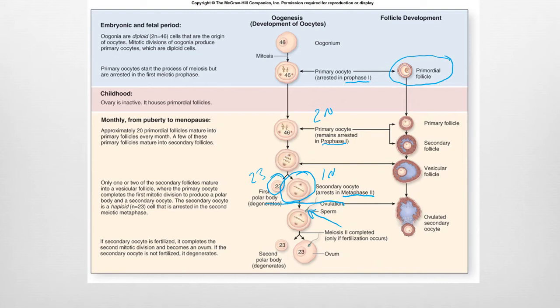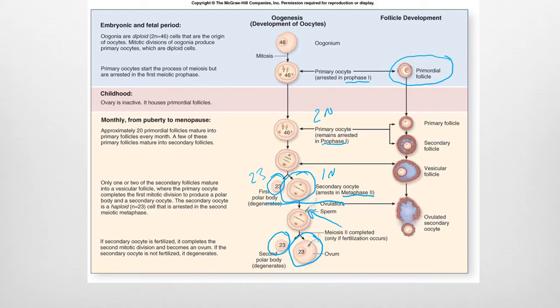But if it did become fertilized, when it completes that meiosis 2, we're going to create another cell. So we're going to create a second polar body, and then we're going to have the actual fertilized cell. We now have our ovum. And so this is now a completed cell, and that then continues on to divide from there. Once again, that second polar body is not going to be a functional cell. It's just going to die off, and we don't have it.